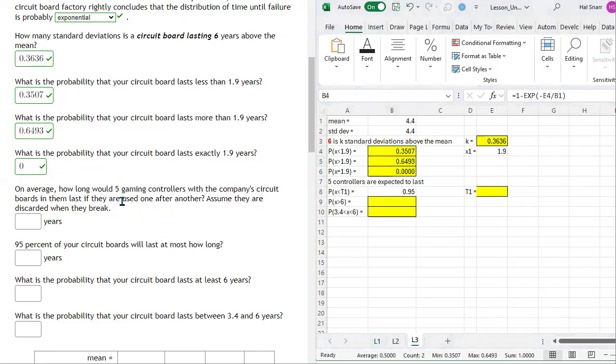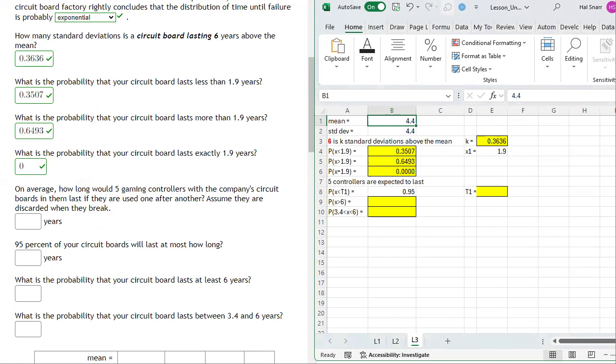Now, on average, how long would 5 gaming controllers with the company circuit board in them last if they're used one after another? Assume they are discarded when they break. One's going to last 4.4 years, right? So if this question was on average, how long would one gaming controller last? That'd be 4.4.